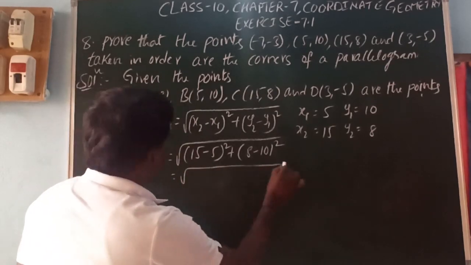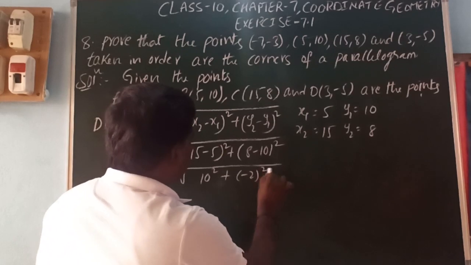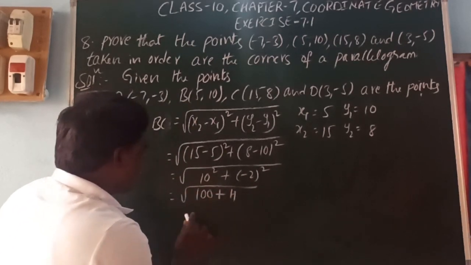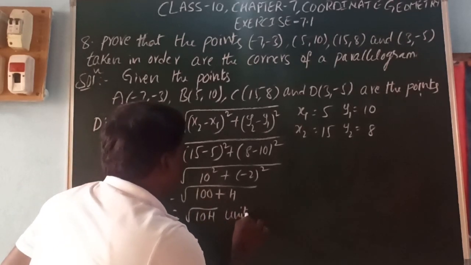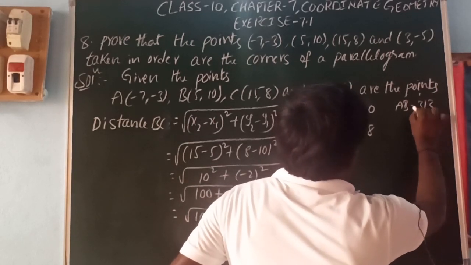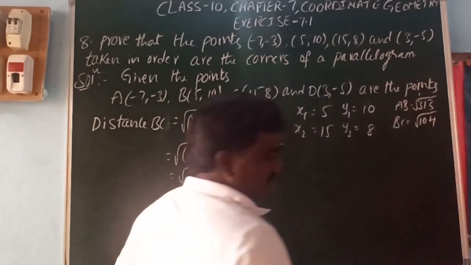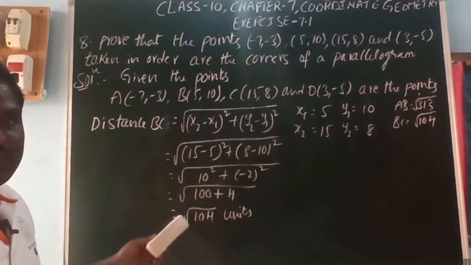The square root of 10 square, 100, plus (-2) whole square, 4. So it is equal to the square root of 104 units. So AB distance is square root of 313, and the distance BC is square root of 104 units.